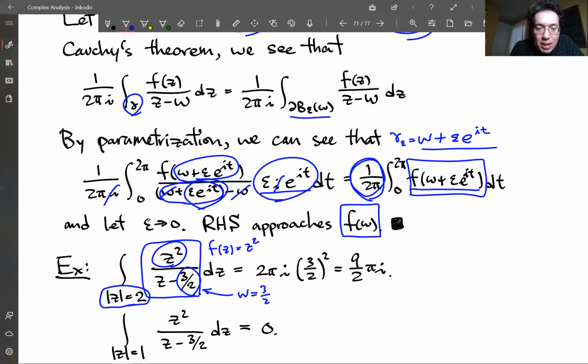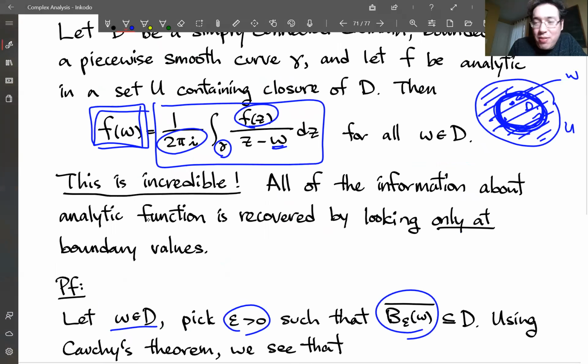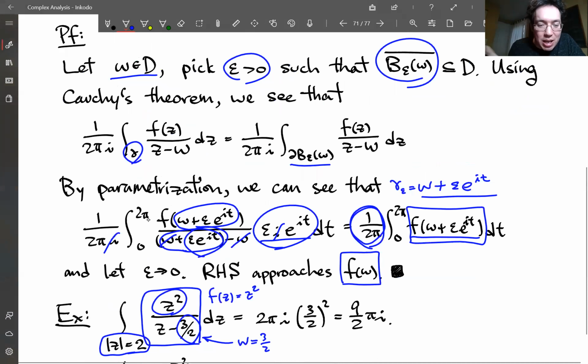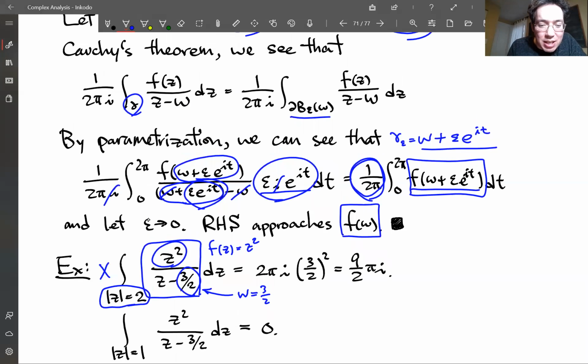Now, this doesn't quite look like the formula yet, because it's missing 1 over 2 pi i in the front. But we could just multiply and divide by 2 pi i. If 1 over 2 pi i does not exist in front of the integral, then I just have to multiply my answer by 2 pi i to make up for that.